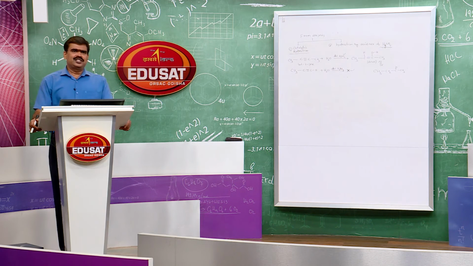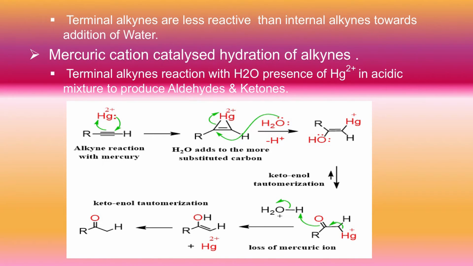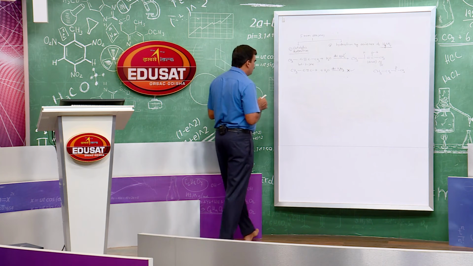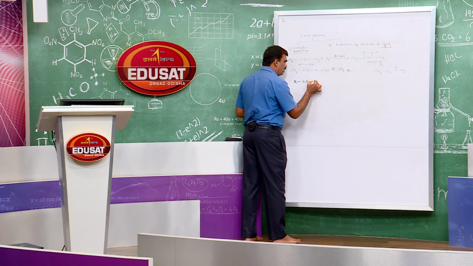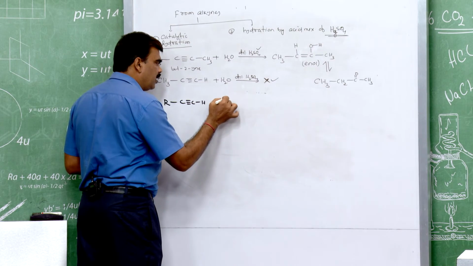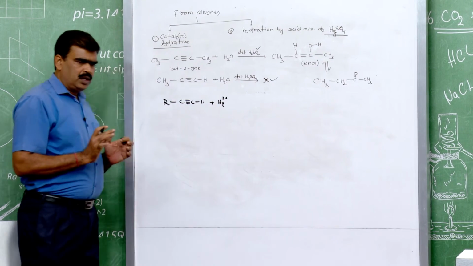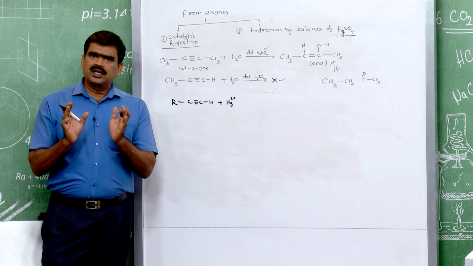Okay. Now let us discuss the mechanism of how the mercury cation catalyzes the addition of water across the triple bond and forms your aldehyde or ketone. So let's have a look. So this is your triple bond. Here I have taken hydrogen, and you know mercury cation is a transition metal, and its 5d orbitals are fully filled.